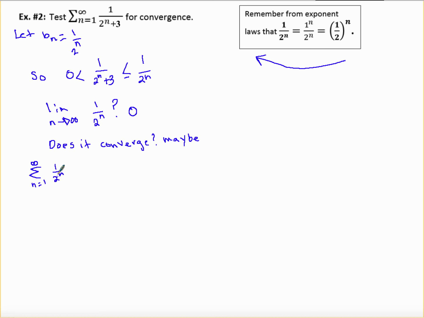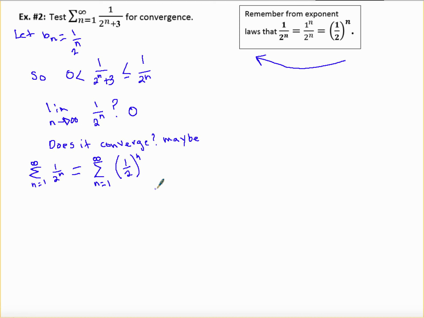So we can actually rewrite this as the sum to infinity of 1/2 to the n power.